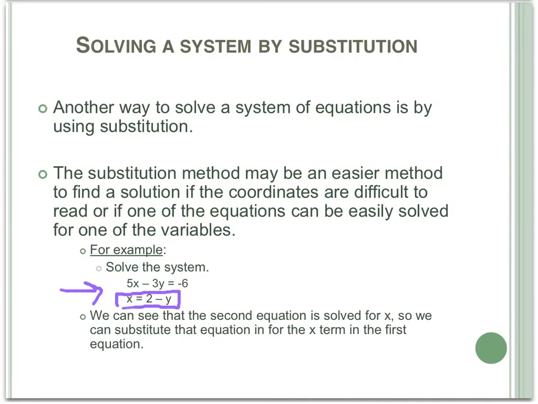So we can substitute that equation in for the x term in the first equation. After doing so, it would look like this: 5 times our (2 minus y) that we're plugging in for x, minus 3y equals -6. To finish, we would solve for y.